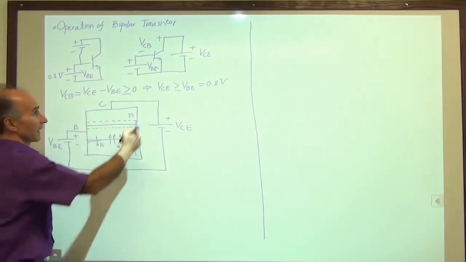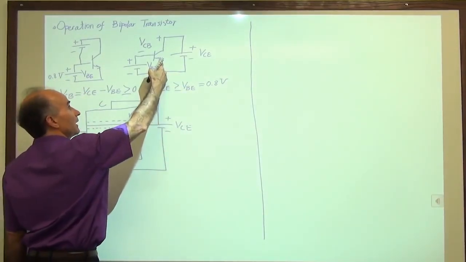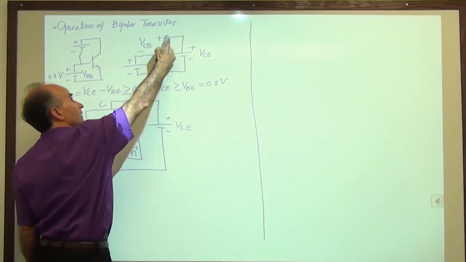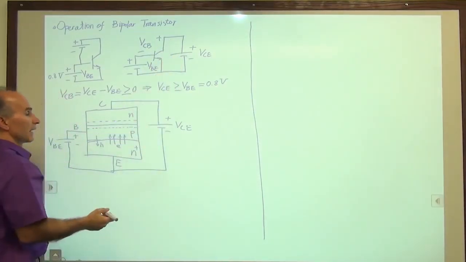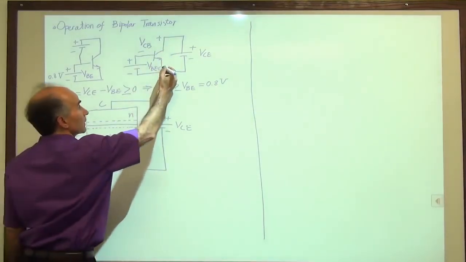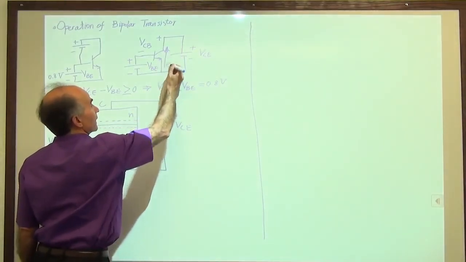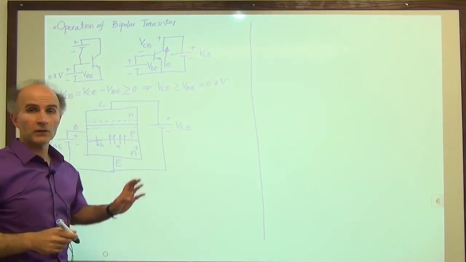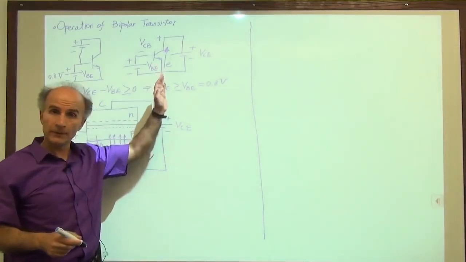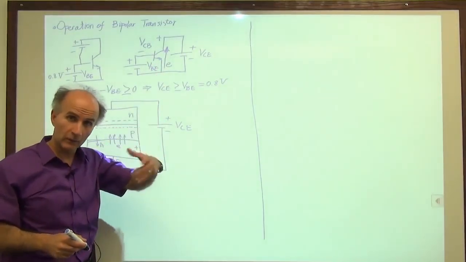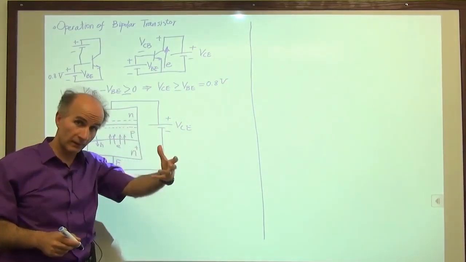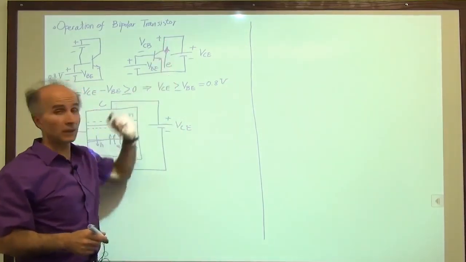All right, so we see that the electrons are traveling this way and then end up in the collector and go that way. And that's what we get for these guys. So these are electrons going that way. If electrons go from bottom to top, the conventional current, which is associated with positive charge, is going from here to here.